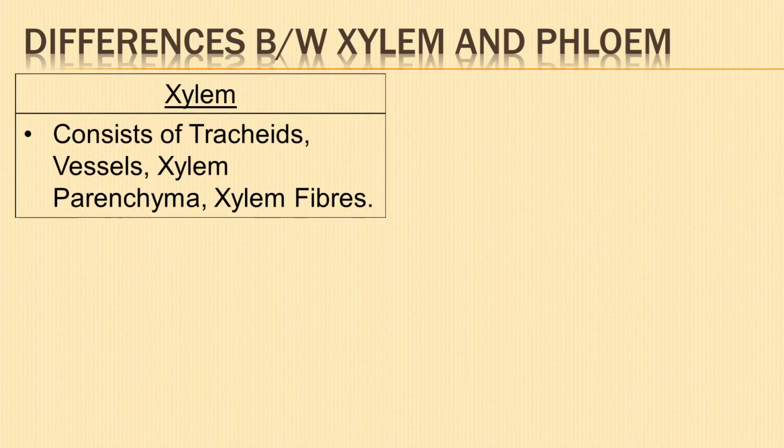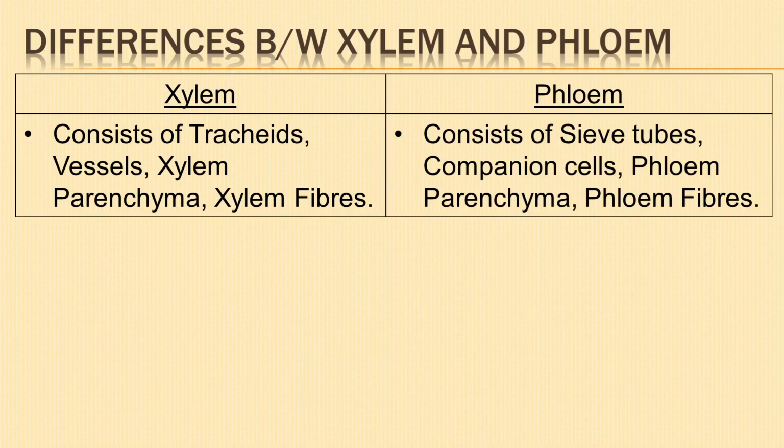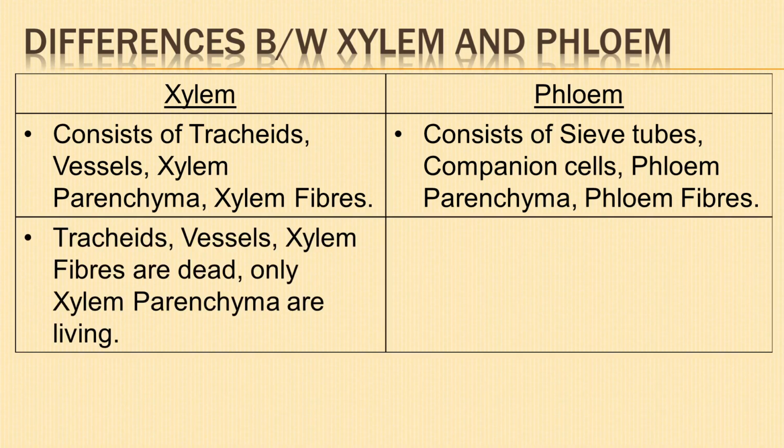Xylem consists of tracheids, vessels, xylem parenchyma and xylem fibers. Phloem consists of sieve tubes, companion cells, phloem parenchyma and phloem fibers. In xylem, tracheids, vessels and xylem fibers are dead cells and only xylem parenchyma is living.